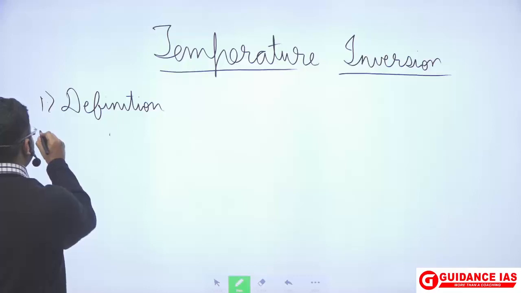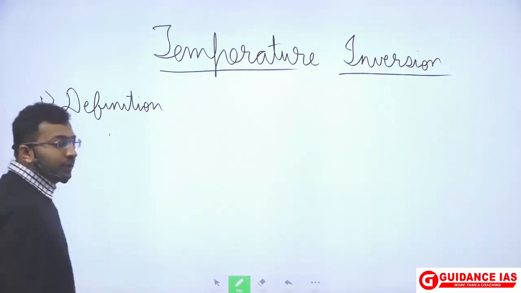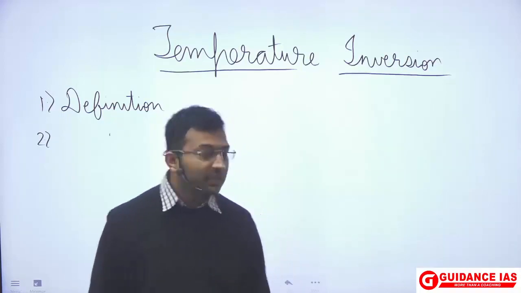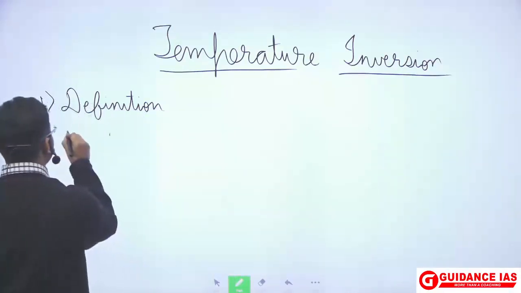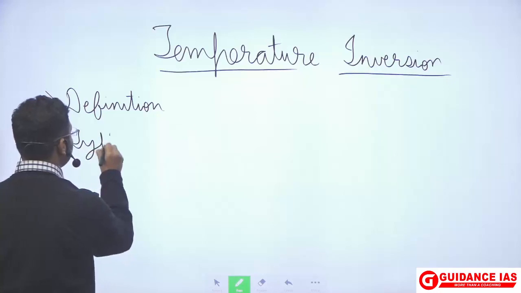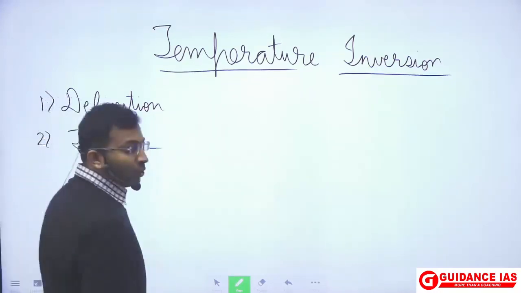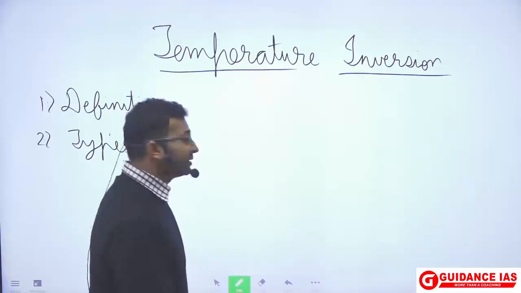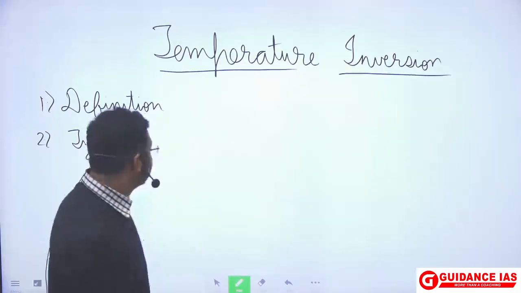The second thing that we will be looking into is the types of temperature inversion. Basically, there are two types. One is the surface inversion, and the second one is the upper air inversion.